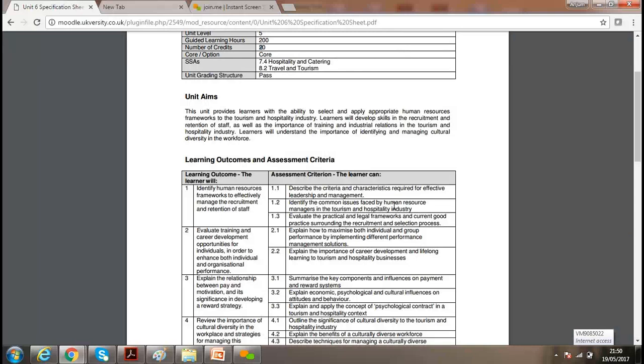We discussed a couple of legislations, the legal framework, and current good practices regarding recruitment and selection, including where we can place our job advert and how we can include staff pools. We also discussed performance: performance equals mindset plus ability.